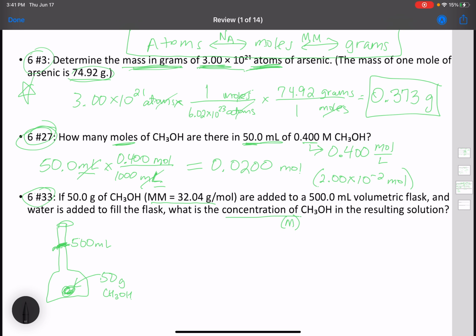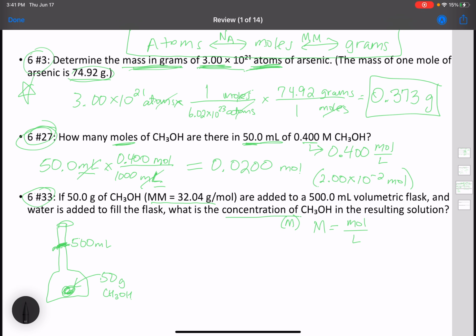Okay, so the first thing I did was draw my picture, but the next thing I'm going to do is I'm going to remind myself on paper that molarity is moles per liter. So it's moles per volume. Do I have those things? I need to know how many moles of the methanol I have and what volume of the solution in order to solve for molarity.